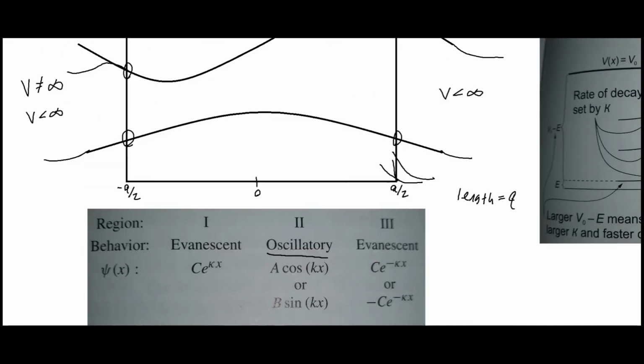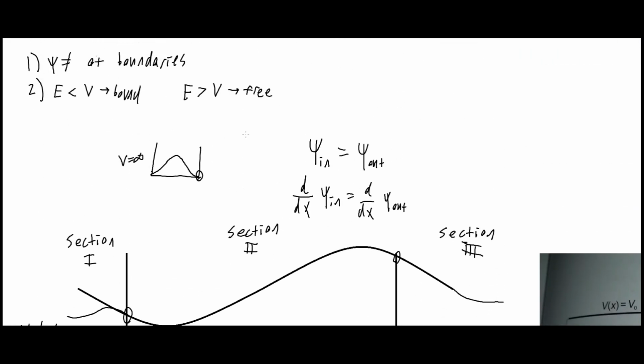So the main takeaway at this point, as I said, is that our wave function is not equal to 0. I guess I should have put a 0 in here.